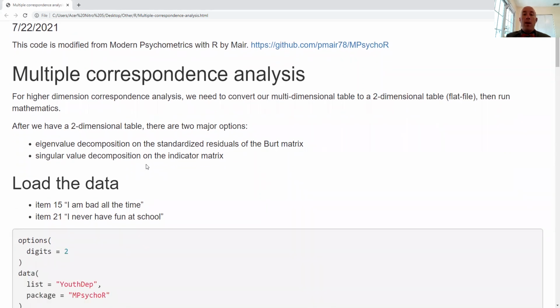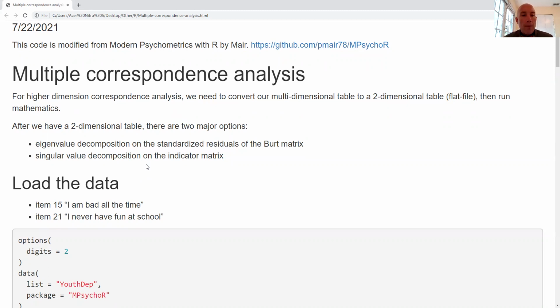All right, so if you think about multiple dimensions of categorical data, I could represent that in a higher dimensional array using counts. And if you think about the numerical mathematics of it, things don't really work out the way that they do for flat files, matrices and data frames.